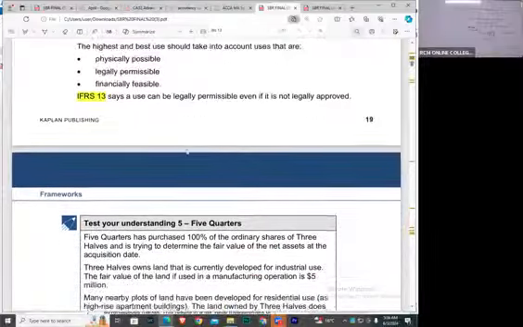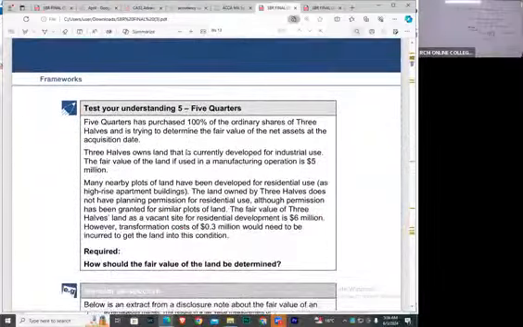We come here, test your understanding 5, the last concept that you're doing here. 5 quarters has purchased 100% of the ordinary shares of 3 halves and is trying to determine the fair value of the net assets at the acquisition date. 3 halves owns land that is currently developed for industrial use.